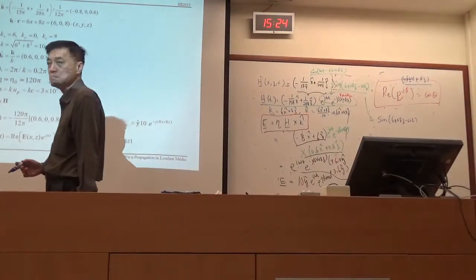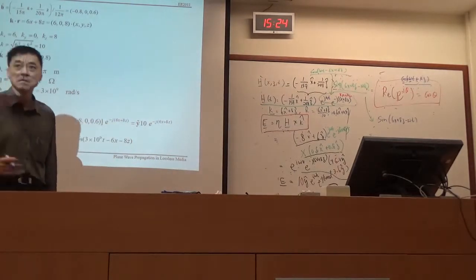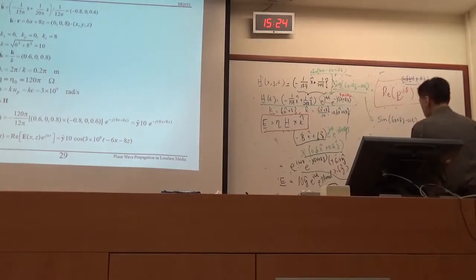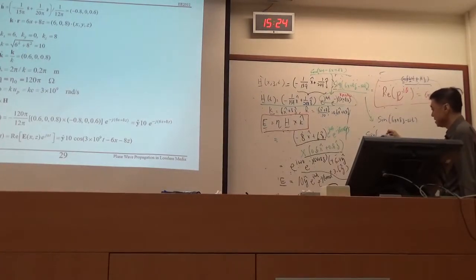What should I do? Very simple. Let's say you have sine of pi by 2 minus theta is equal to cosine theta, right?